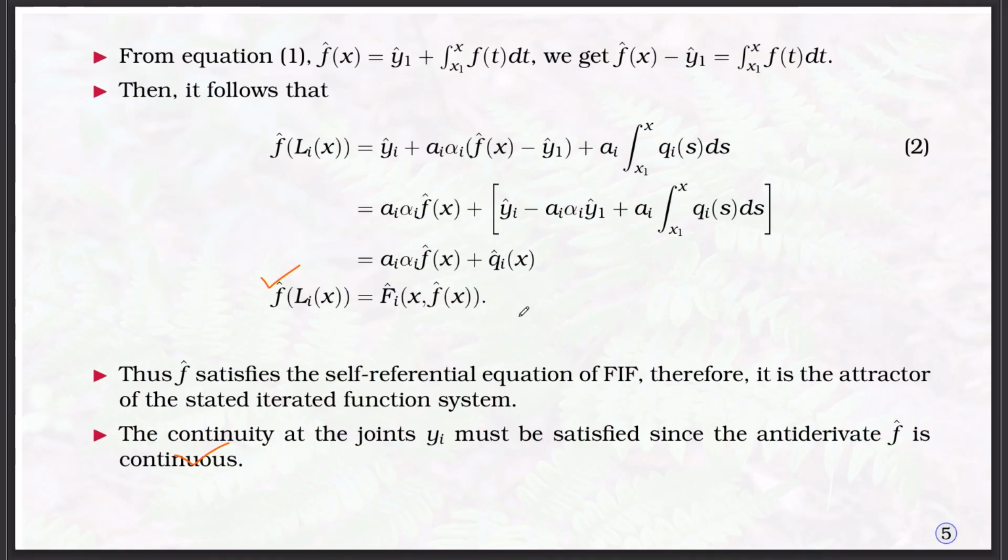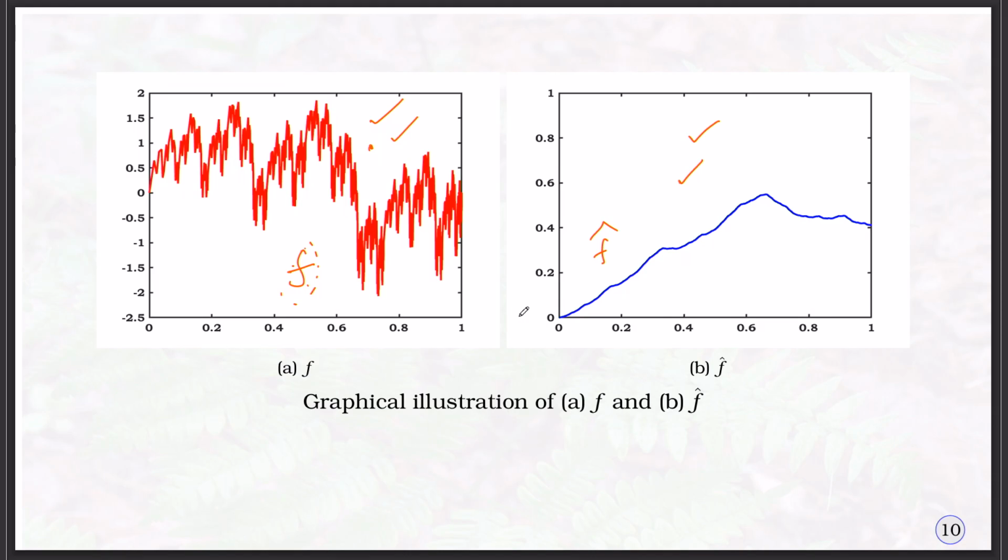So, this is the difference: here we are taking fi of x comma y equal to alpha i of y plus qi of x, and here fi cap of x comma y, which is f cap, equals ai alpha i of y cap plus qi cap. So, it will pass through a different set of points, and the contraction factor is ai alpha i.